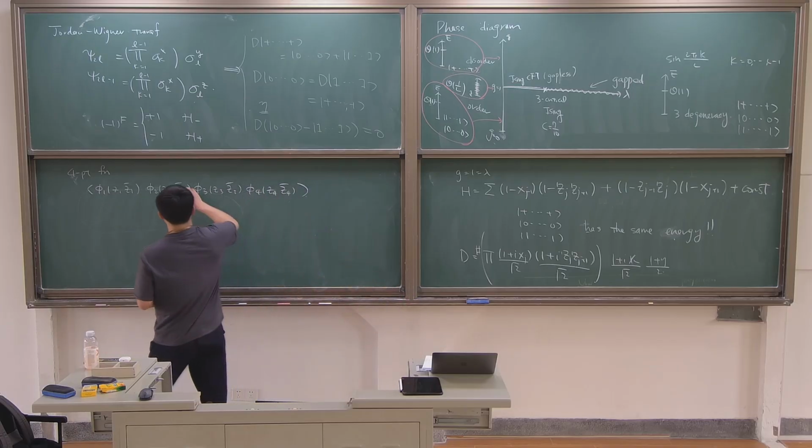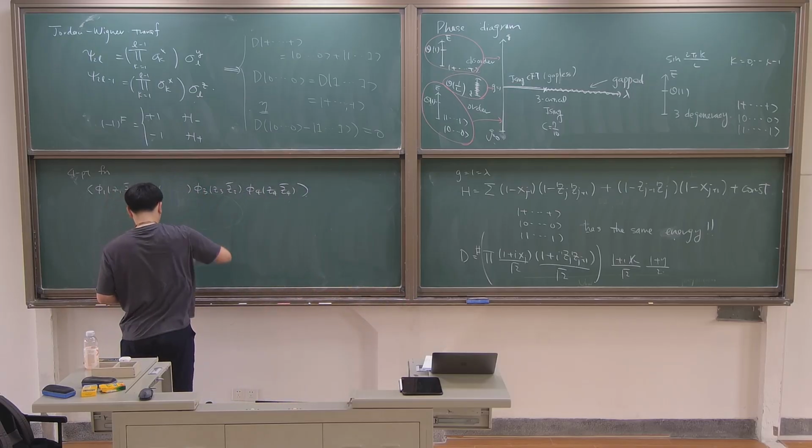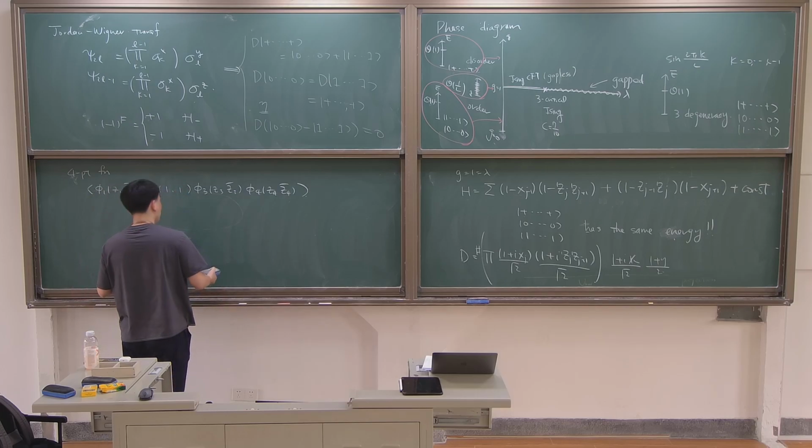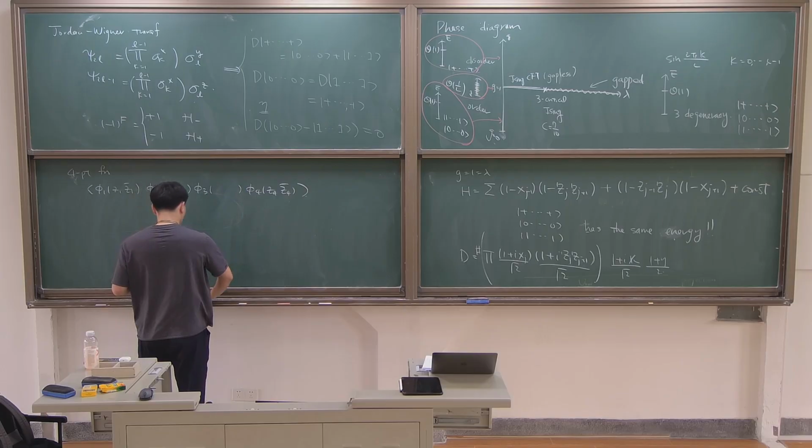Sorry, z2 to be 1. And then here you can have a cross ratio x and x bar.